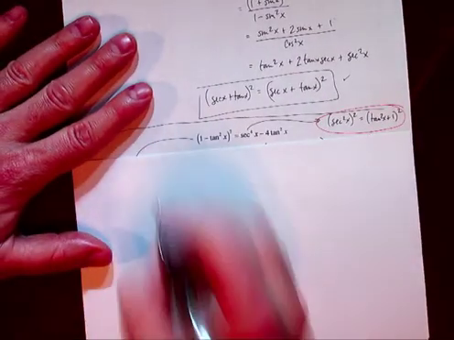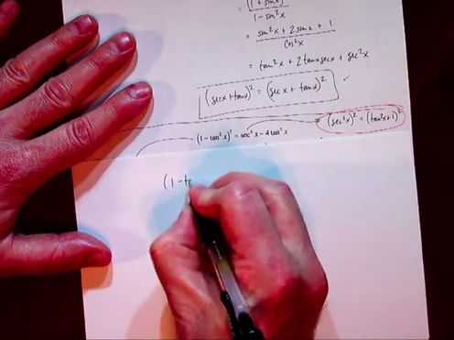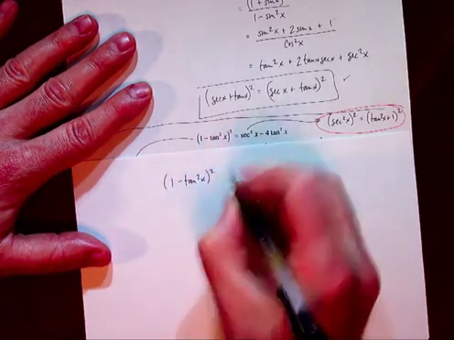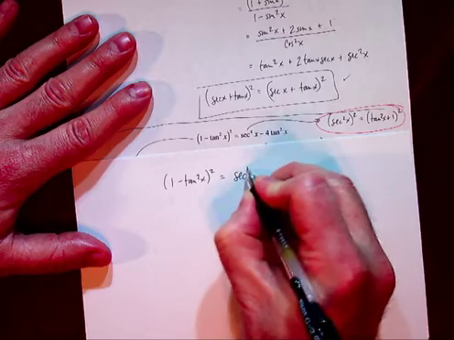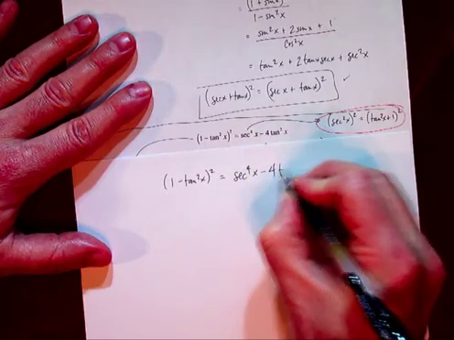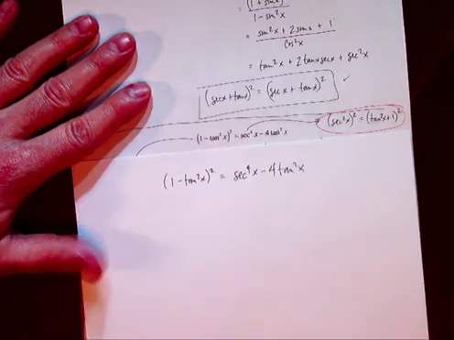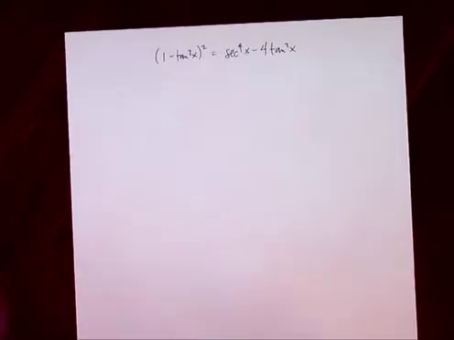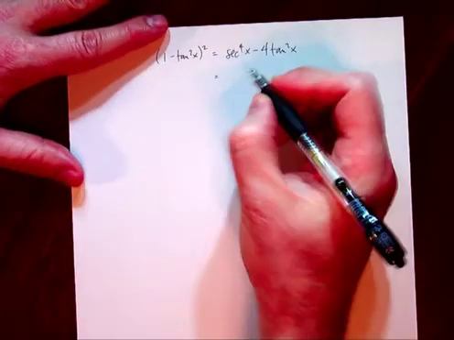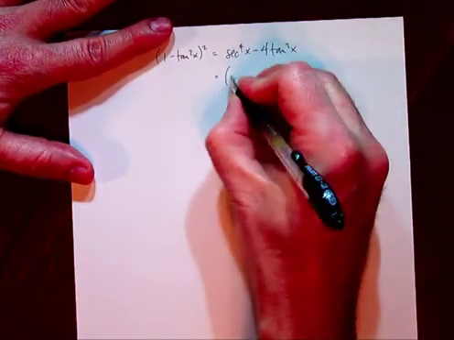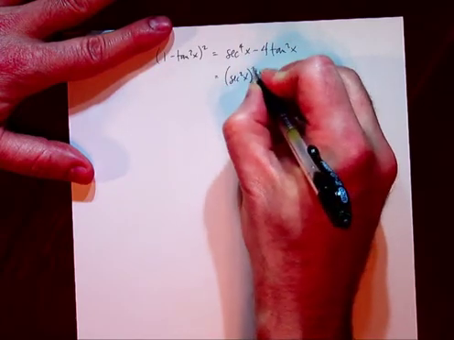Okay, so I have 1 minus tangent squared x, squared, is equal to secant to the 4th x minus 4 tangent squared x. Now, like I said, the secant to the 4th is secant squared squared.